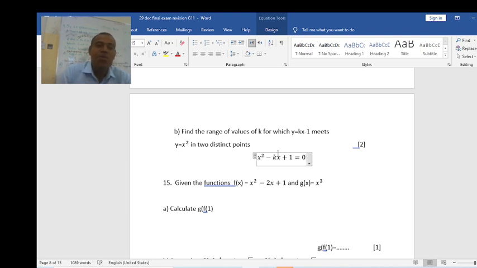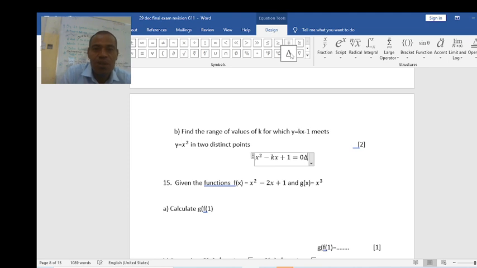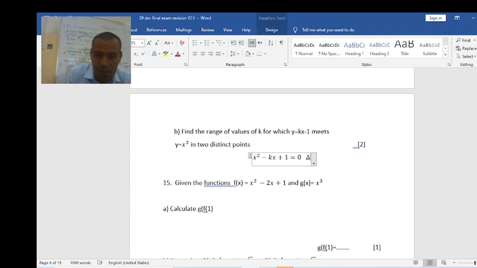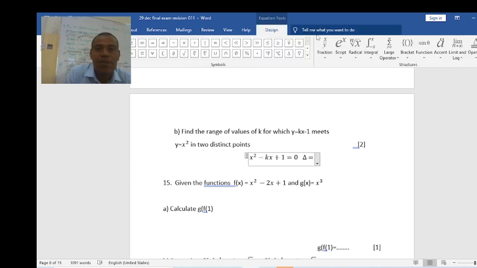And then, for two distinct roots, the value of delta should be more than 0.